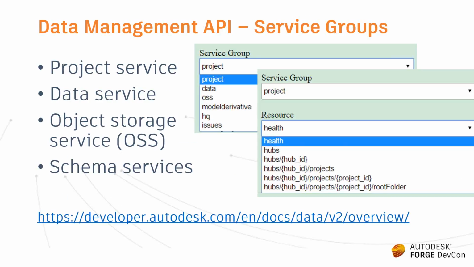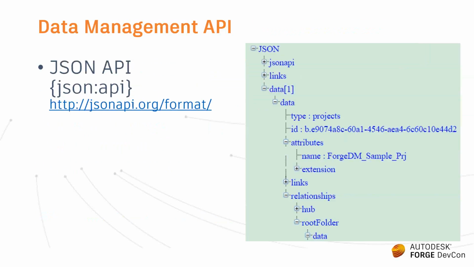And the data management API has four service groups: project service, data service, object storage service, which is also called OSS, and schema service. For instance, the project service has resources such as hubs and projects, etc. And one thing which is common across various Forge APIs is that they use JSON API as a starting point.